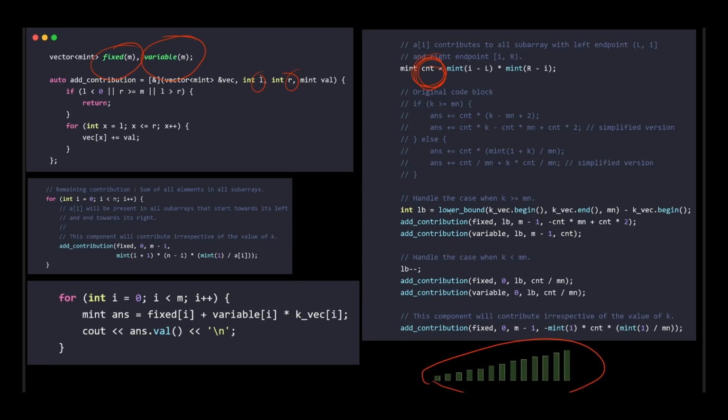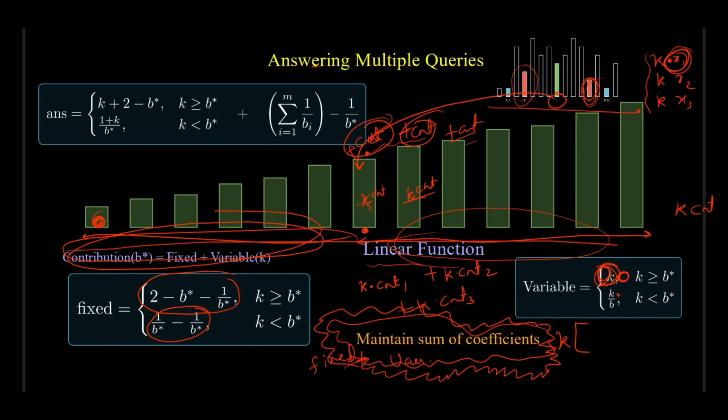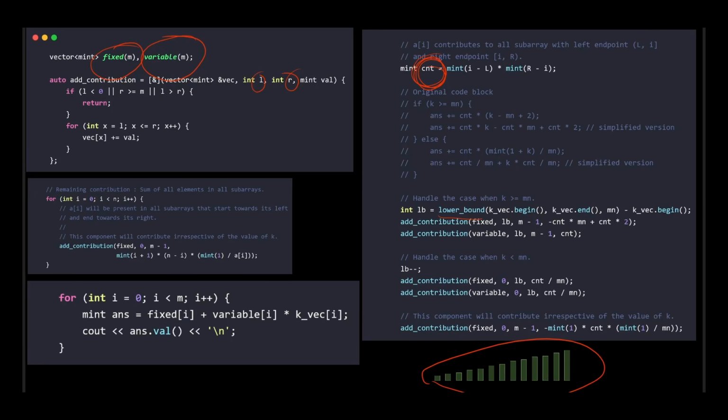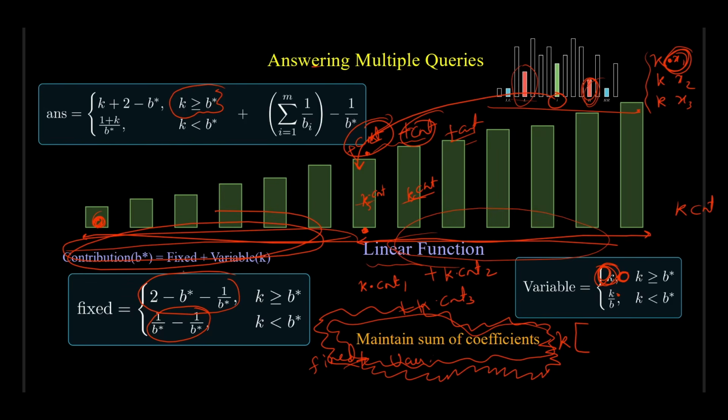And then we want to find out the first element which is greater than the minima, right? Because this formula splits based upon how many k's are greater than it. You can simply do that with this lower bound function. Once you have found the lower bound, we have already discussed that the k's to the right will receive the fixed contribution from the top half and the variable contribution of 1 into count.